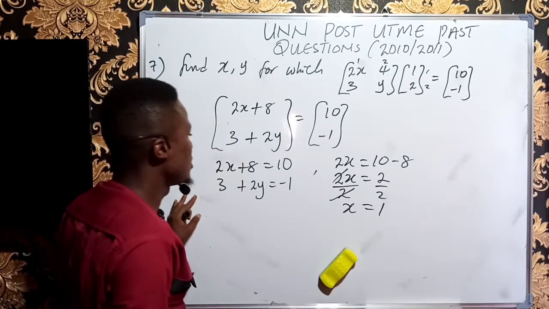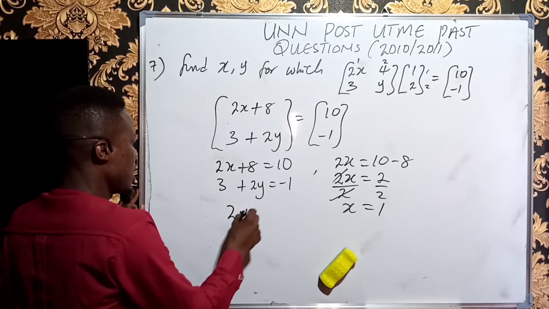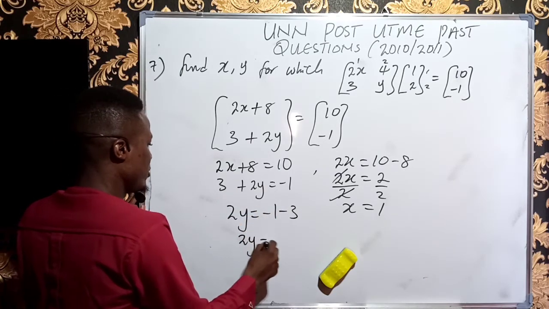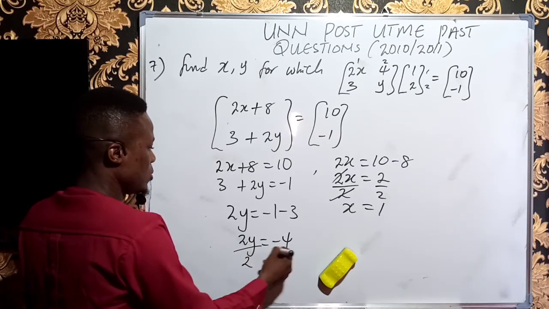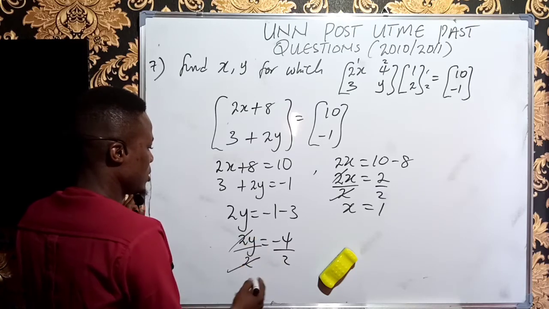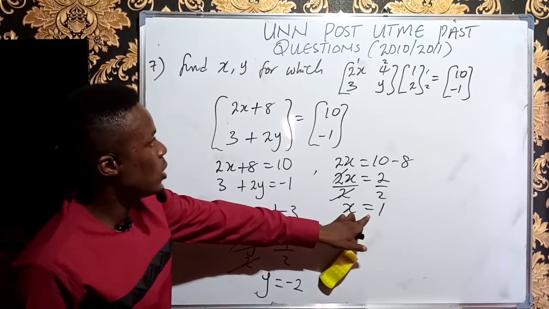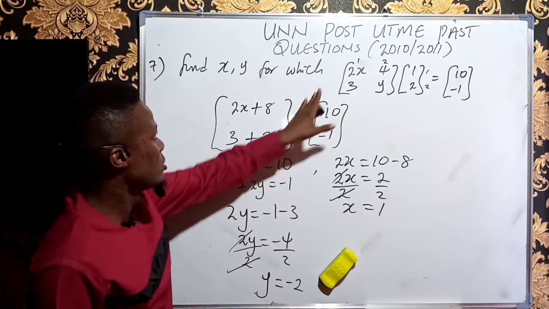So the value of x is 1. Let me now get the value of y. Here, 2y is equal to minus 1 minus 3. So 2y will give us minus 4. To get the value of y, I will divide both sides by 2. This cancels out. So here, y will give me minus 2. So therefore, x is 1 and y is minus 2. They are the solution to this.